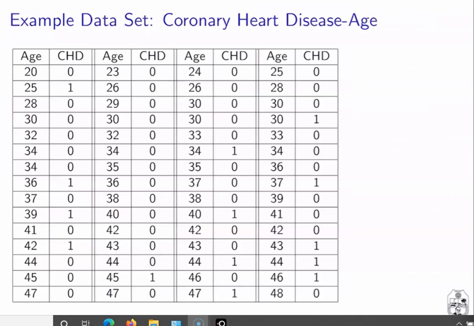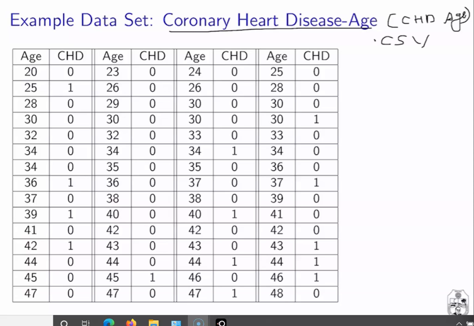To explain the logistic regression technique, I will be using a coronary heart disease and age related data set. This data set is called the CHD age data set, and I am uploading the .csv file of this data set.